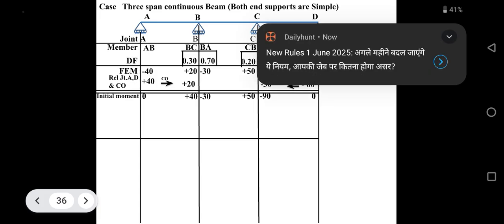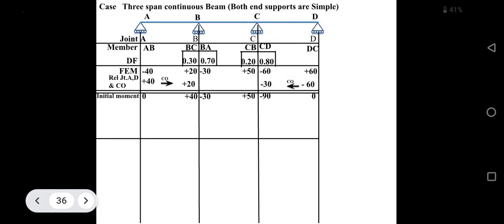We need to balance joints B and C. So for balancing joints B and C, you are supposed to find the unbalanced moment at B as well as at C, and this unbalanced moment is to be distributed in the proportion of the distribution factor with opposite sign.